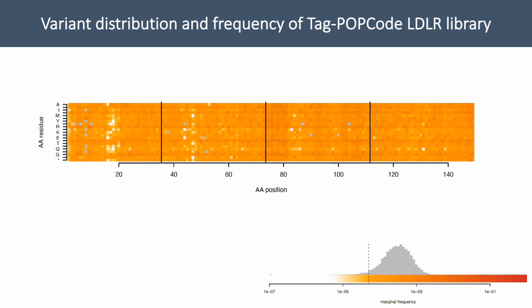And orange is just an indicator of the frequency that amino acid change is observed in this pool. So I think this figure shows that we are observing nearly all amino acid changes in a relatively equal amount in this library, which is nice.